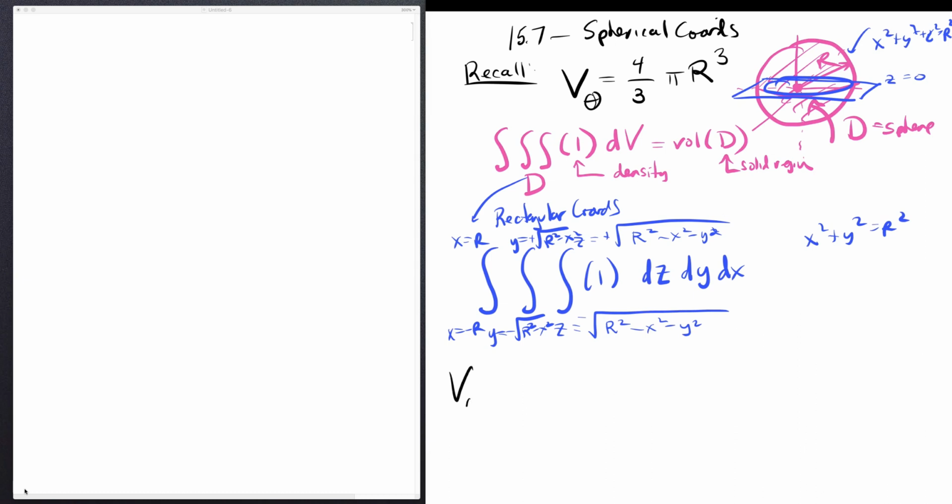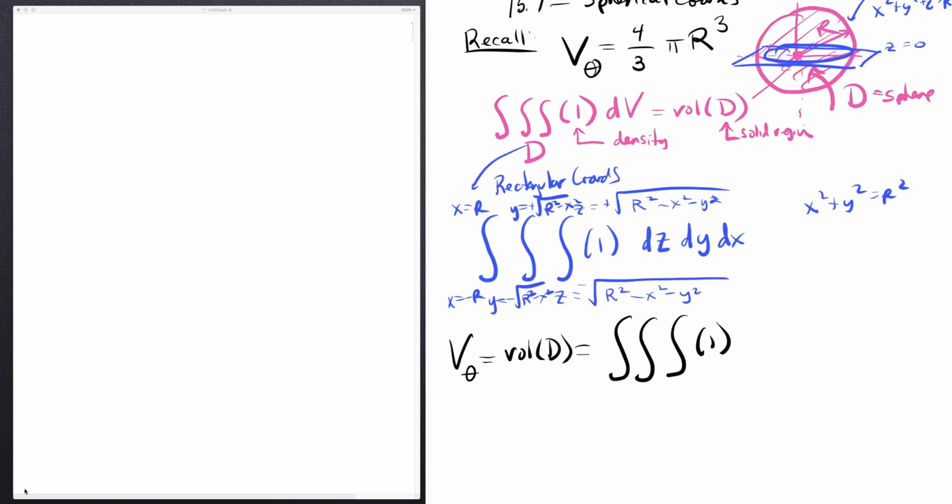The volume of a sphere. We need to find the volume of the domain D, and we're going to do that with a triple integral. We're going to integrate 1 again, but instead of rectangular coordinates, we're going to integrate in terms of d rho, d theta, d phi. We're going to integrate in terms of spherical coordinates. To make sure that this quantity is equal to dv, we need to fix the units.